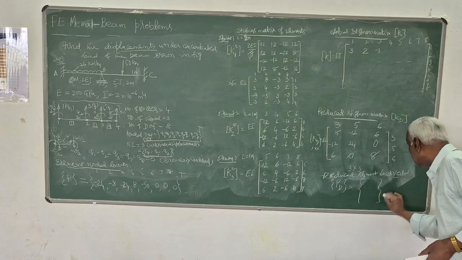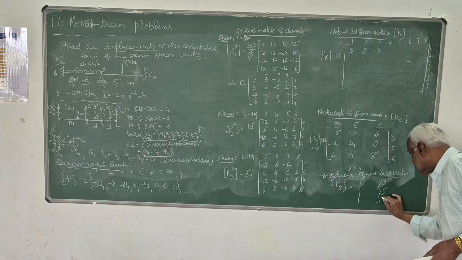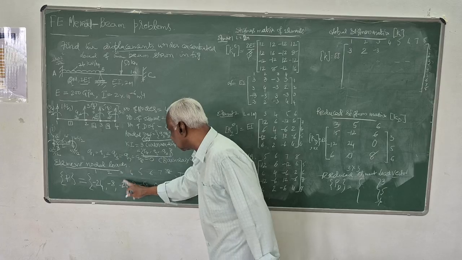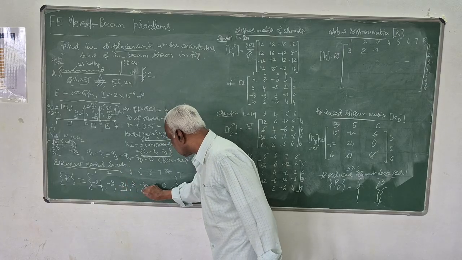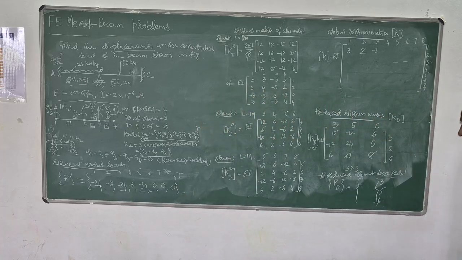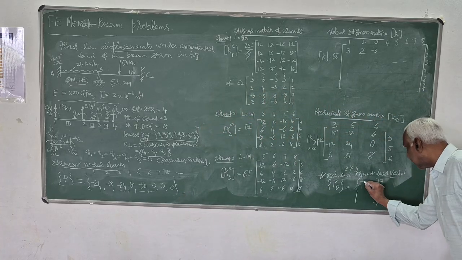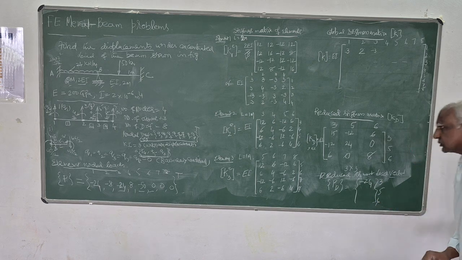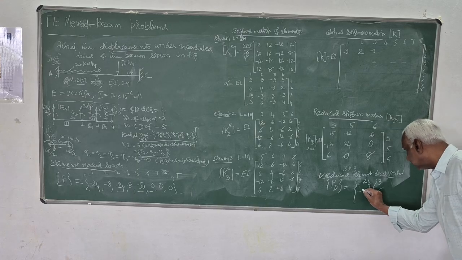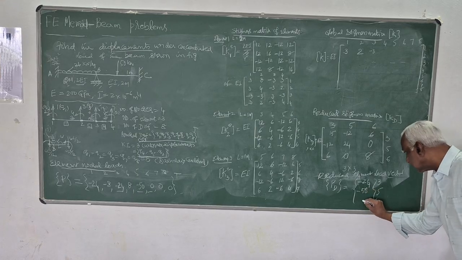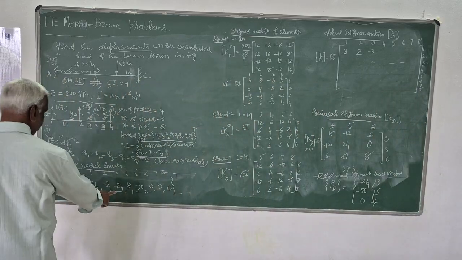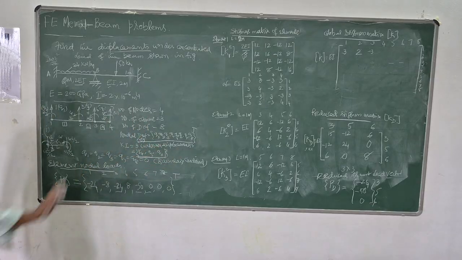PD corresponding to only 3, 5, 6 you have to take. That is corresponding to 3 it is 24, corresponding to 5, 15, 6 it is 0. So you have to take the reduced loads as minus 24, minus 15, 0.